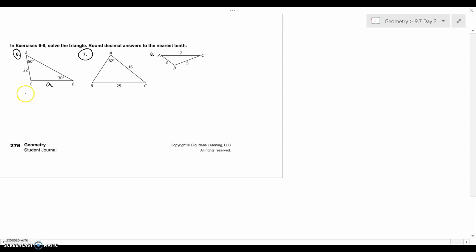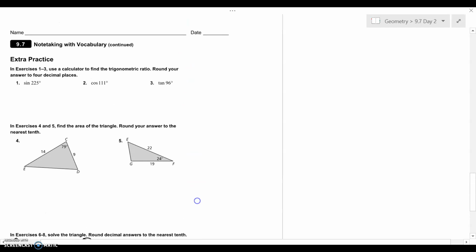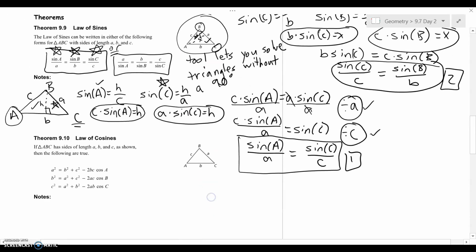So if we do that and write a over sine of 50, that's going to equal 22 over the sine of 30. And this is just using law of sines. And actually, I'll scroll back up. I'm using the second way of writing it. So I'm using this way right here, where I'm putting the side up on top.